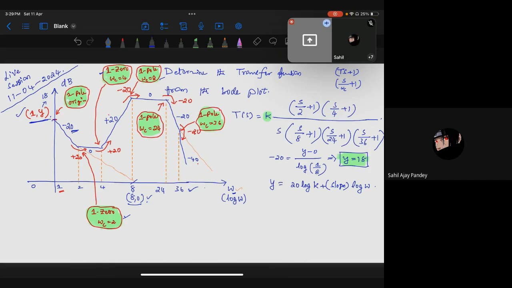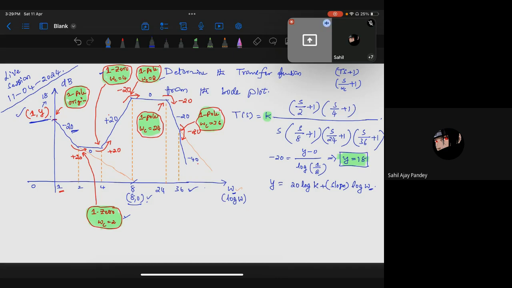So what does this K represent? It's the intersection with the y-axis, correct? That's the meaning: the intersection with the y-axis at omega equal to 1.